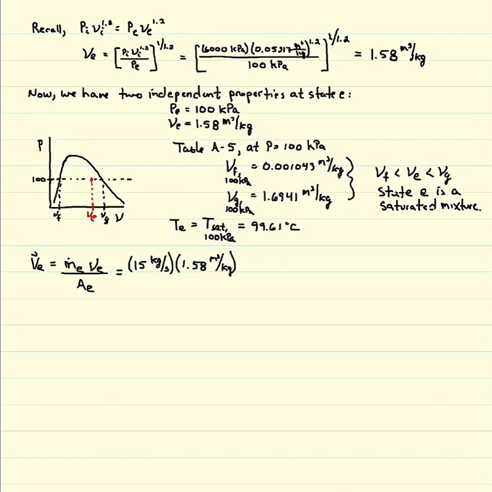And the exit area, A sub e, is 0.22 square meters. So when we plug this into our calculators, we get an exit velocity of 107 meters per second.